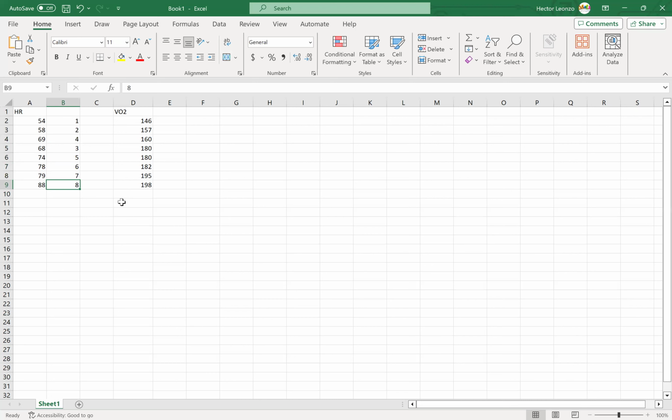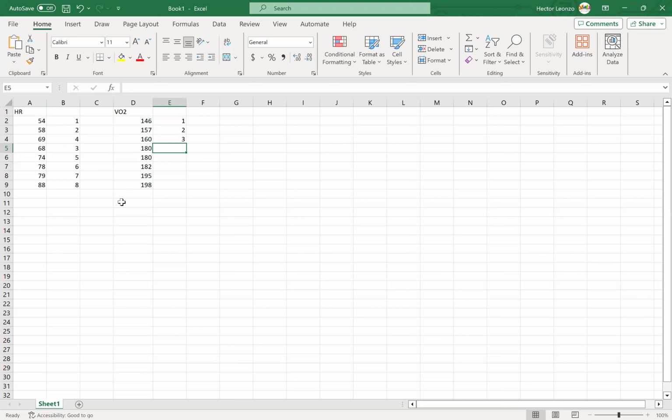So I rank them. Now let me take a look at my data on VO2. I'm going to do the same. 1 is the smallest, 8 is the biggest. Funny thing, this one's in order. 146 is 1, then 157 is 2, 160 is 3. Now here I have a tie. So instead of calling one of them 4 and the other 5, I do the average of them.